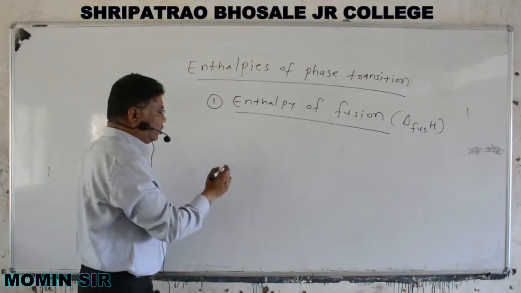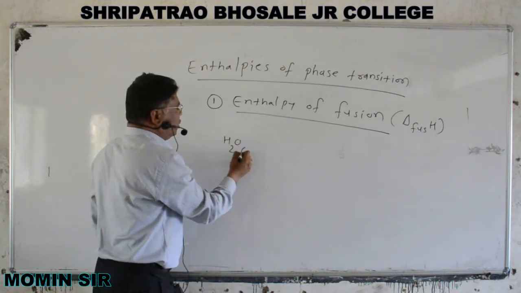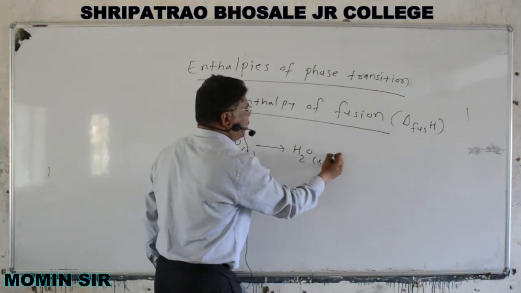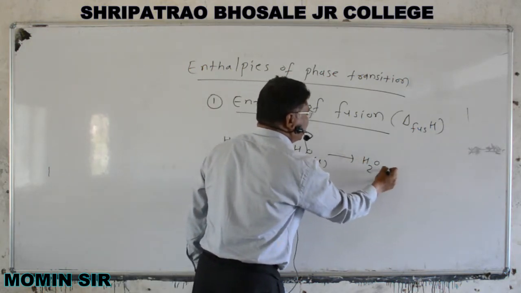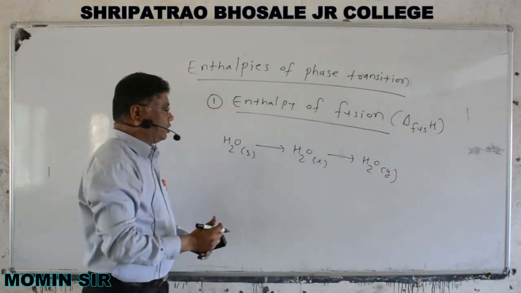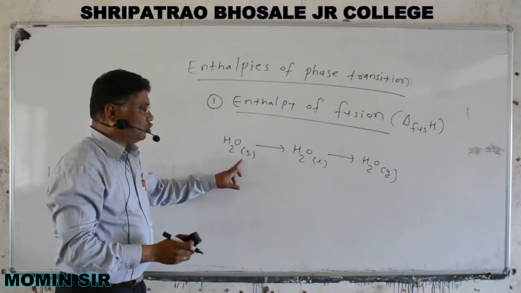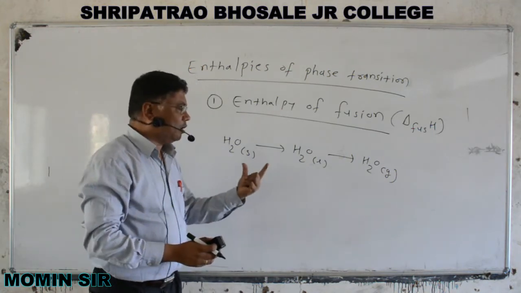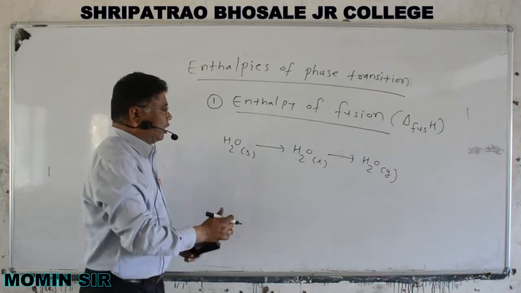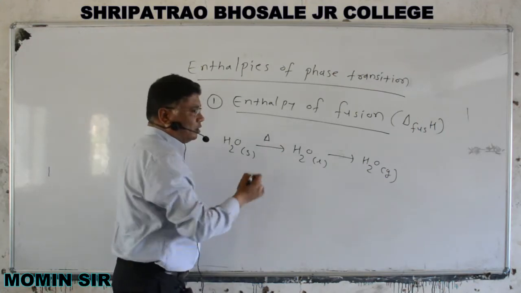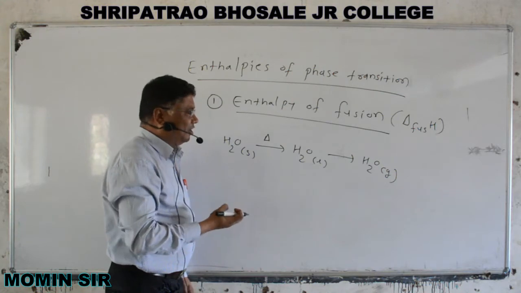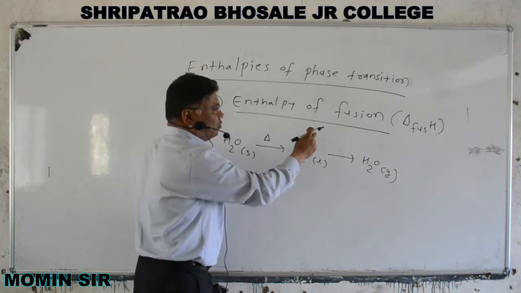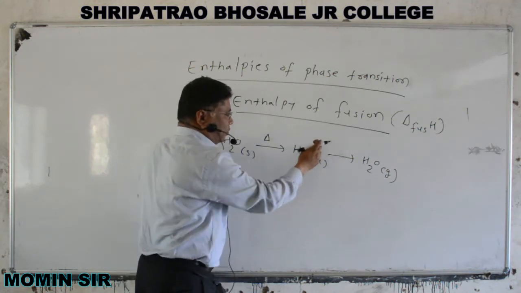For example, H2O solid is converted into H2O liquid, which is converted into H2O gas. There are three different states: solid state, liquid state and gaseous state. But chemical composition is the same. Ice, after gaining heat, is melted, and for that melting the word used is fusion.